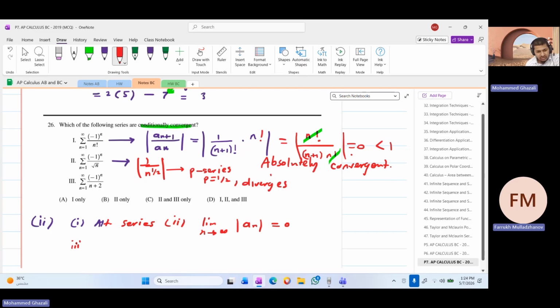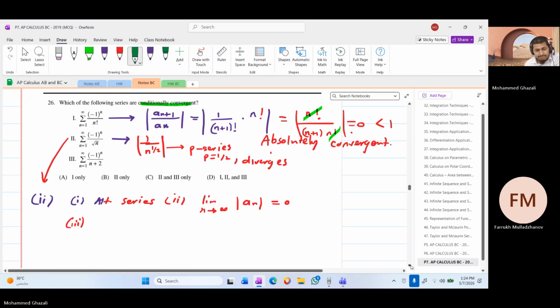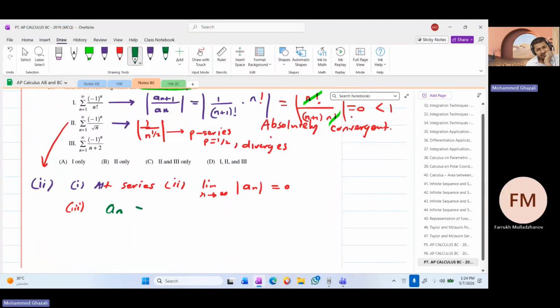For the third condition, we need to check if it's a decreasing function. So with the square root of n, is an greater than an plus 1?